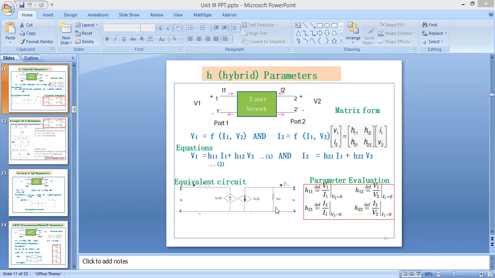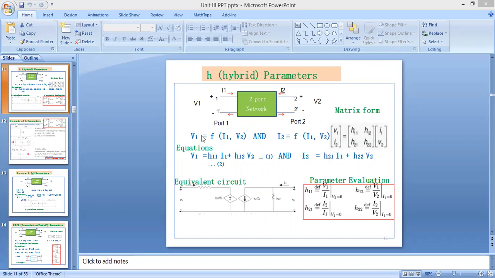If in the two-port network, the voltage of port 1 and the current flowing through port 2 are the dependent variables, then we can call that network the hybrid network.